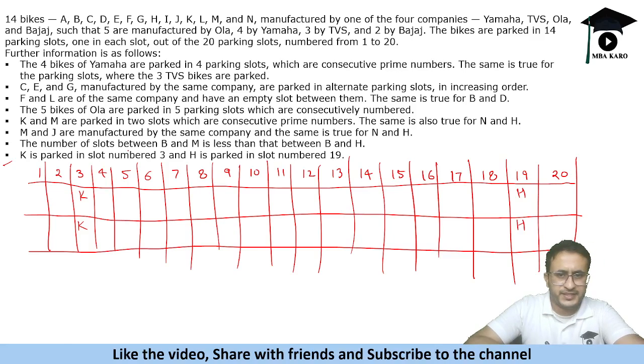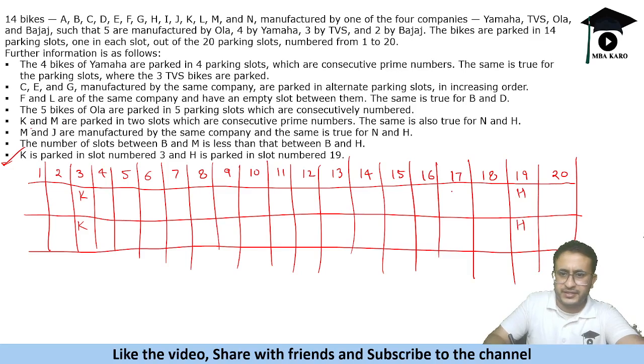Okay, then it says M and J are manufactured by same company, N and H. So we do not know which company. Number of slots between B and M is less. Okay, K and M are parked in two slots which are consecutive prime numbers. Okay, and same is also true for N and H. Now H is at 19. The consecutive prime number will be 17.